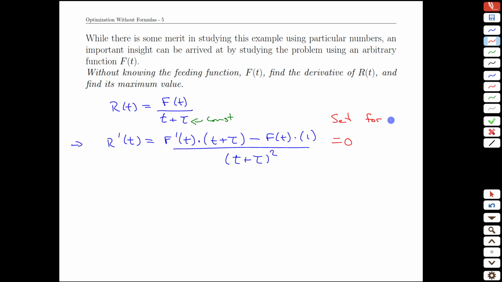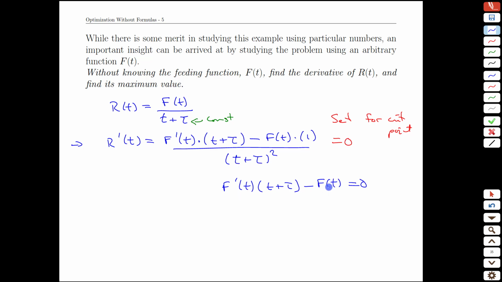In other words, if we're looking for the optimum rate, what's going to maximize or minimize, but here it'll pop out as a maximum, the maximum rate will occur when the derivative equals 0. Well, that becomes an interesting thing to solve for. What can we say about that? Well, what we can do is multiply up this t plus tau. It multiplies by 0 and goes away.